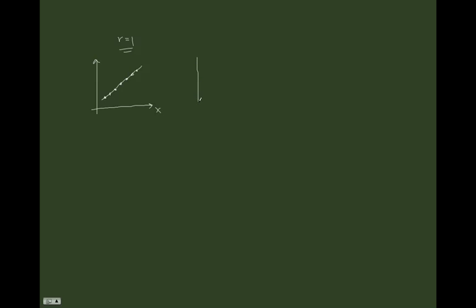And on the other hand, if R is exactly equal to -1, put a Y here too, then the slope of the line will be negative. Okay, so this is when R is equal to -1. And again, every single point will be on the line. So the other extreme would be R equal to 0. And R equal to 0 means there is no linear correlation.